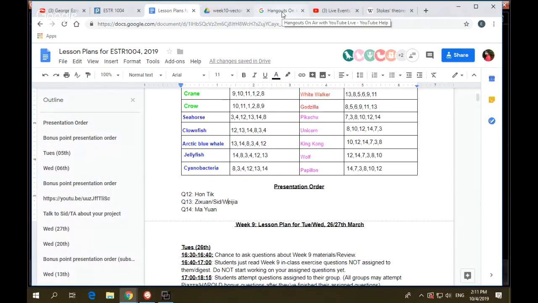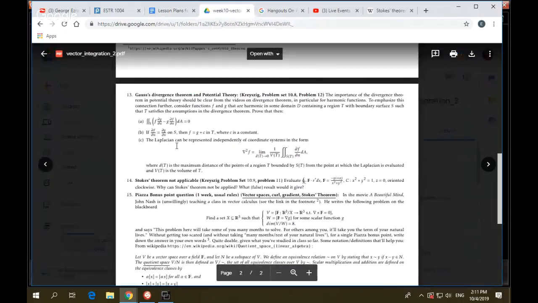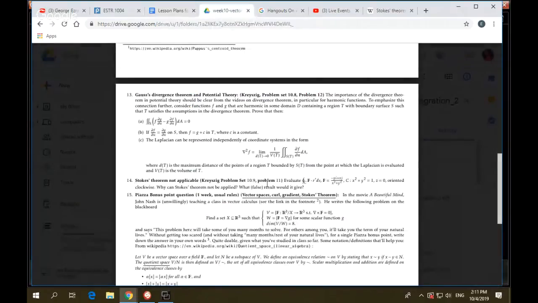So question number 14. Over here, the calculations are not difficult, but it's useful to see again why you have to worry about the conditions under which Stokes' theorem, Green's theorem, divergence theorem, all of these apply or don't apply.